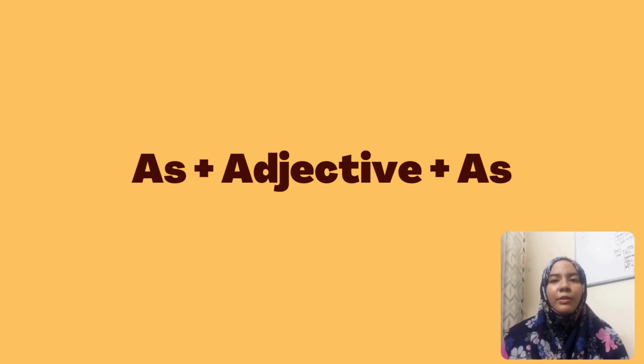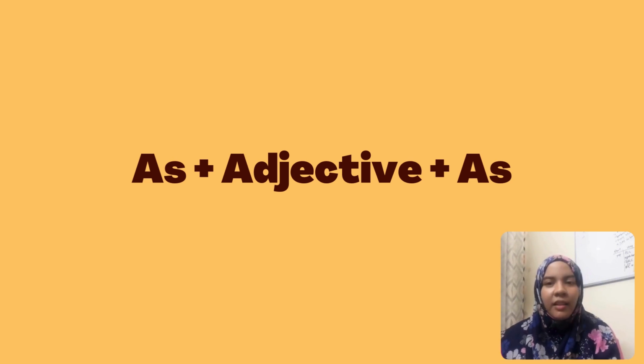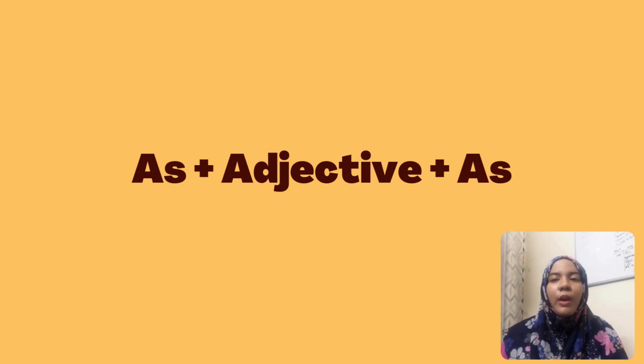Next, let's look at some other expression that can show comparison. We can also use as plus adjective plus as to express comparison other than using comparative and superlative. So let's see the explanation in more detail in the next slides.